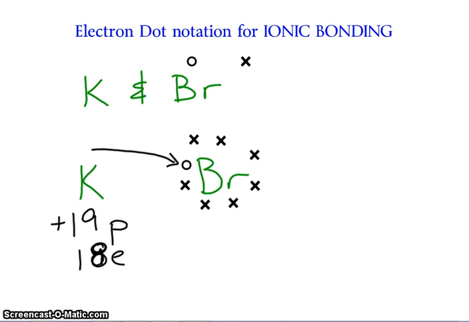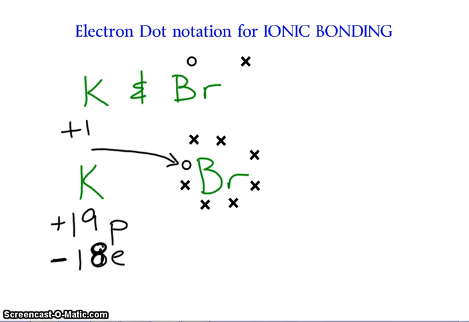There's 18 electrons. Each electron has a negative 1 charge. If there's 18 electrons and each has a negative 1 charge, there's a total negative charge of 18. Positive 19 plus negative 18 yields an overall charge of positive 1 on that potassium.